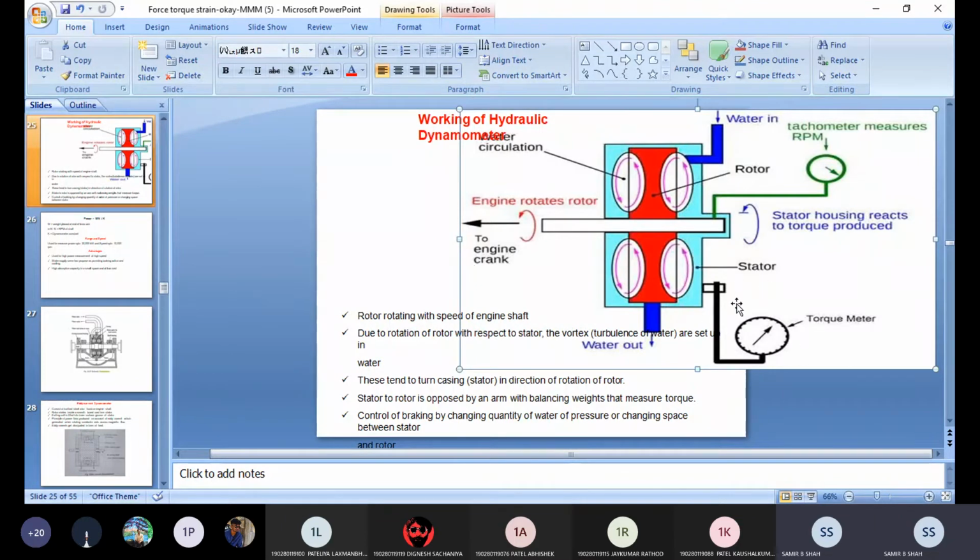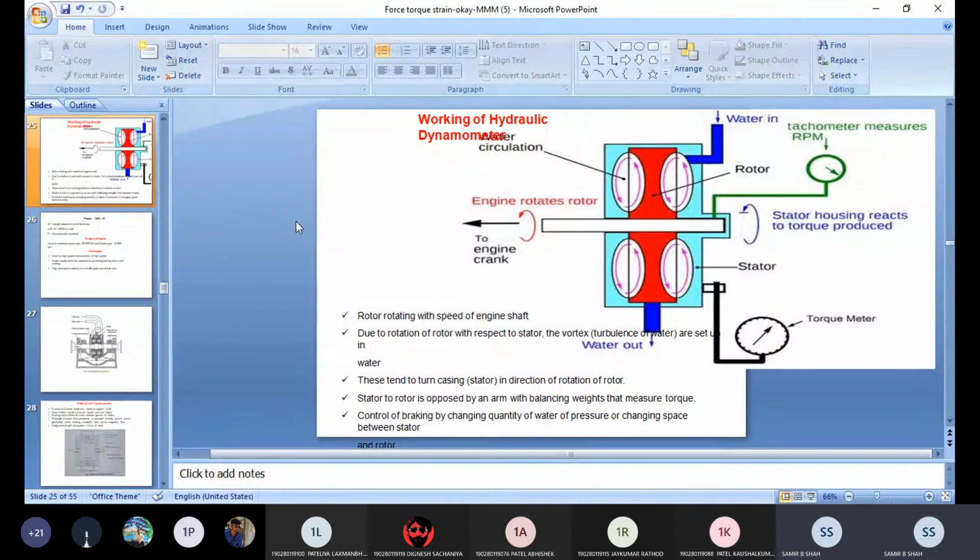The power absorption at a given speed may be controlled by adjustment of the water level in the housing. We have to manage the adjustment of the water level. Definitely, there are some gauges either at the output side or at the input side, so the whole system may be controlled.